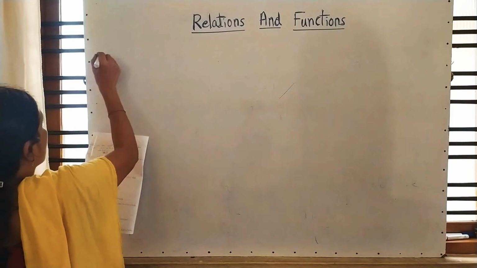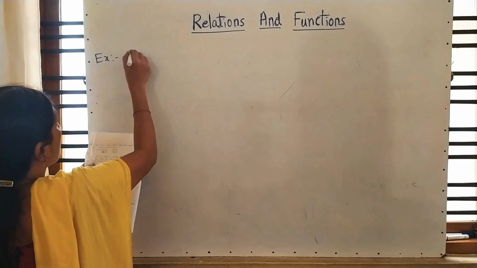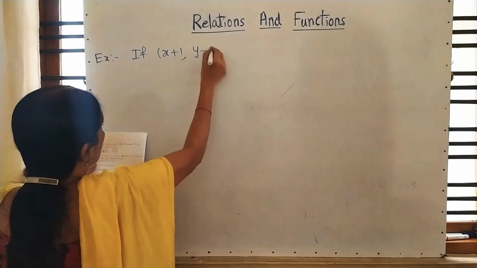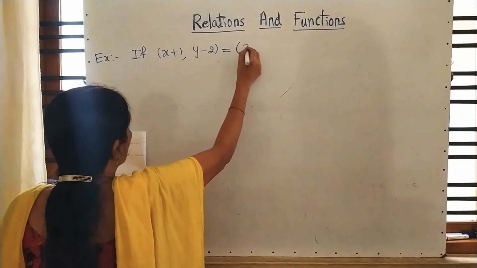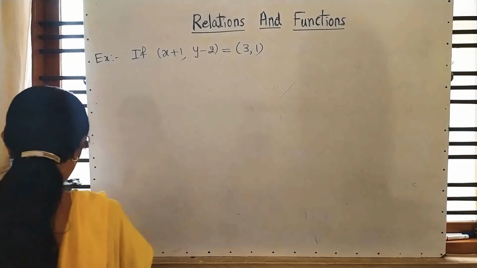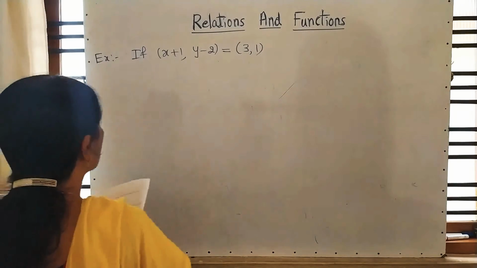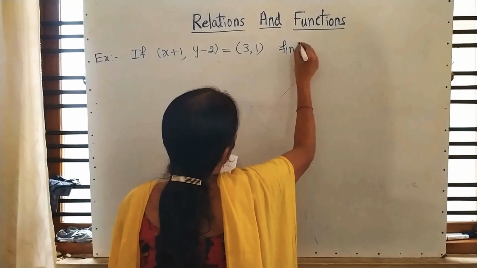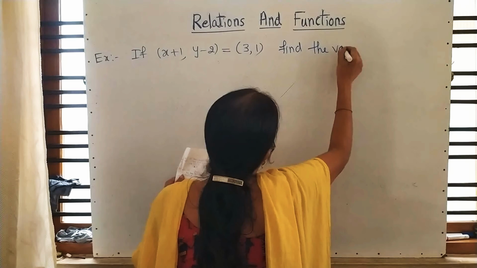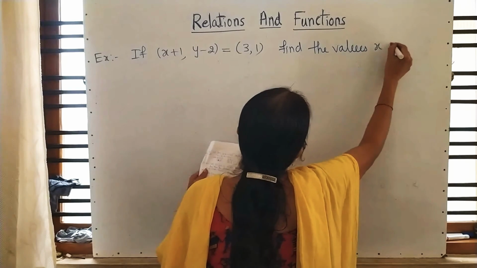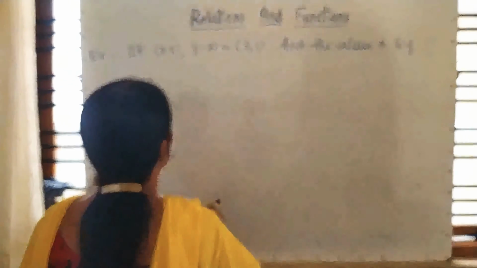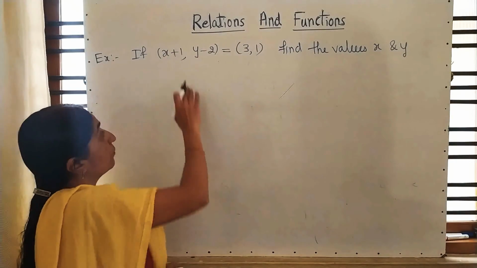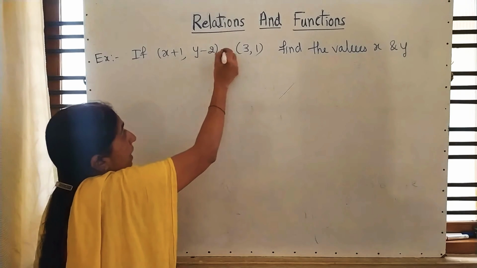Here the examples are very interesting. If (x plus 1, y minus 2) is equal to (3, 1), find the values of x and y. See what is given. The ordered pairs are equal, left hand equals right hand.